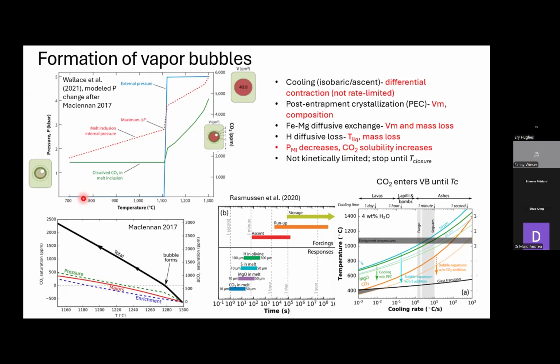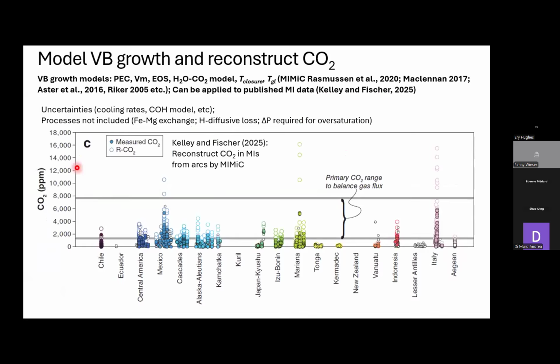Going through all this naturally leads to our first approach: model one or several of these processes, model the vapor bubble growth, and reconstruct the CO2. There are several models available. The advantage of this modeling is that we can apply it to all the melt inclusions that we have measured before.